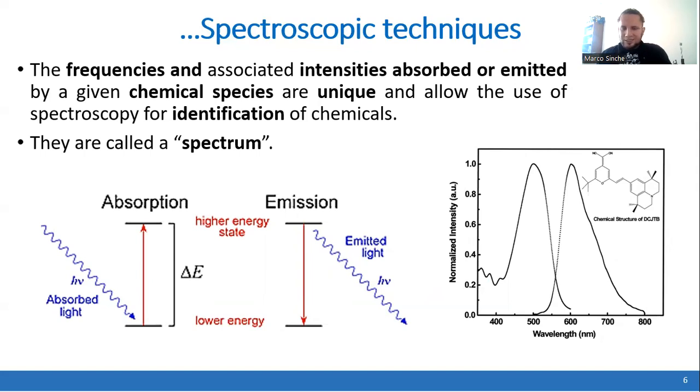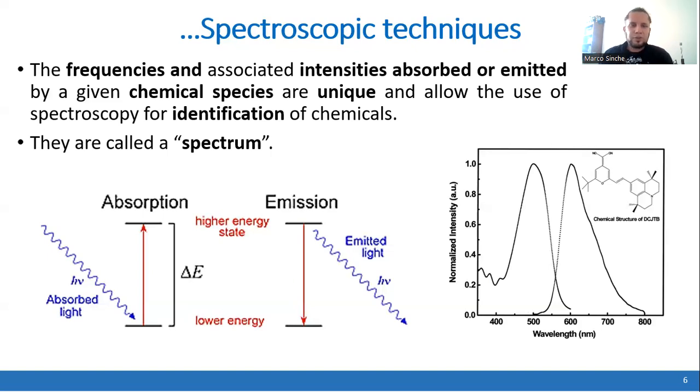So the intensity of the signal is placed on the y-axis, while the wavelength is placed on the x-axis. So each wavelength will have a specific emission, and it will be related to the chemical structure of the product that is present in the sample.